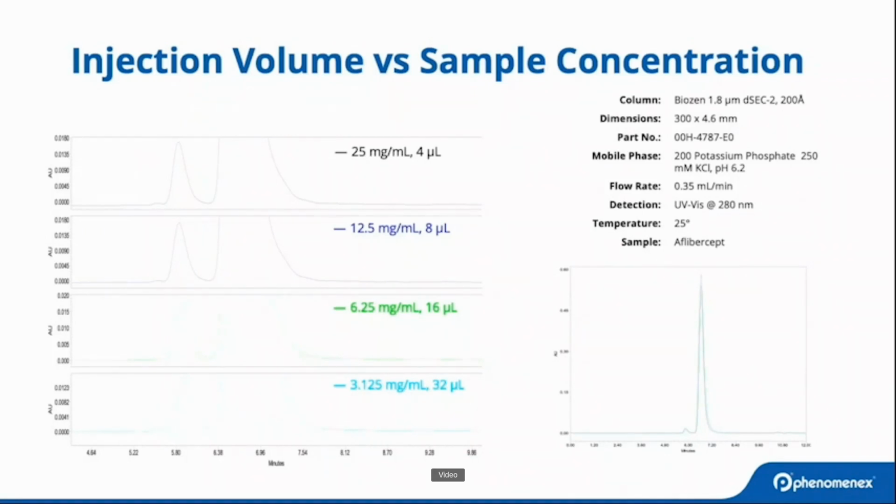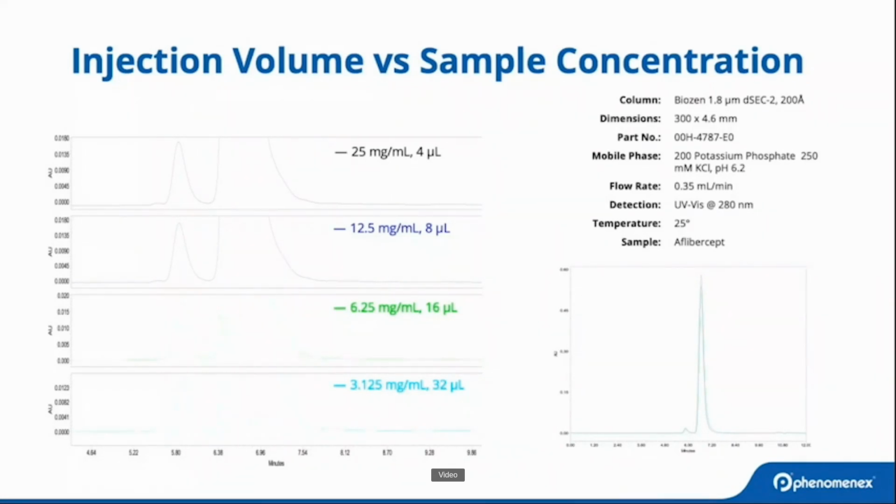So the recommended experimental design for this type of thing would be to inject different concentrations of protein. And in this instance, we did serial dilutions from 25 mg per mL to 3.125 mg per mL and simply increased the injection volume to ensure 100 micrograms was injected onto the column at all times.